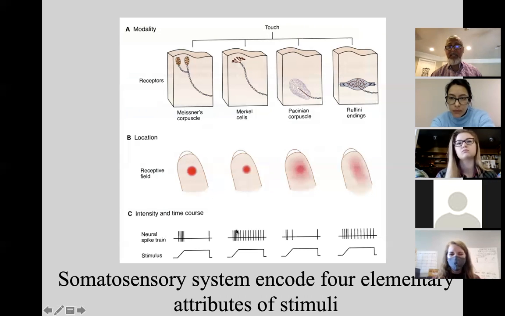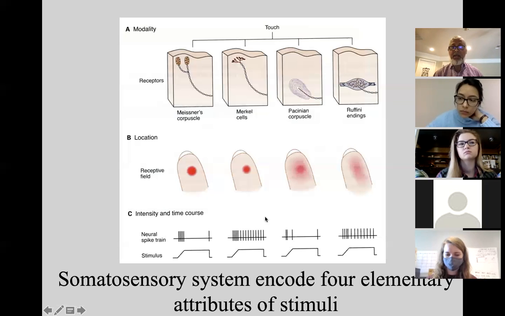This one is initially quick, slows down a little bit, but it's still continuous. As long as the stimulus is there, you have signal going through, action potentials are produced. On this one, a very quick burst, and then nothing after that. But this one is similar to this one.